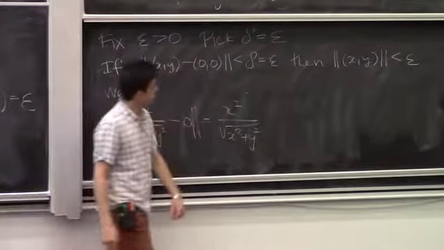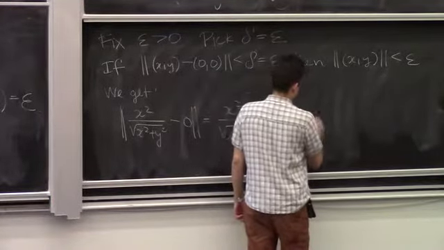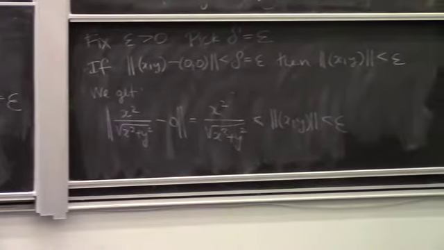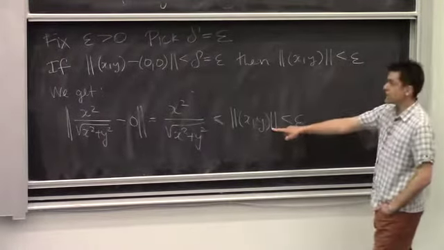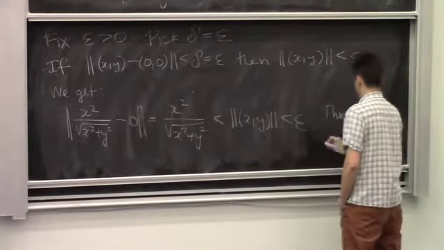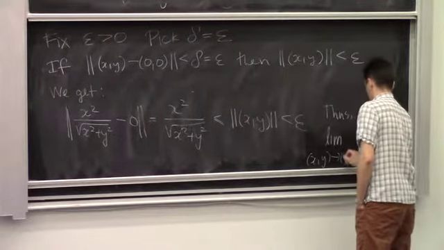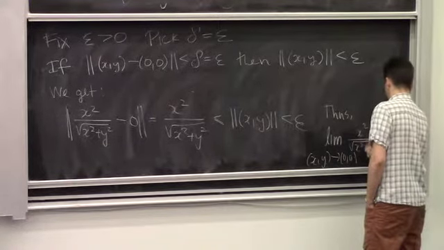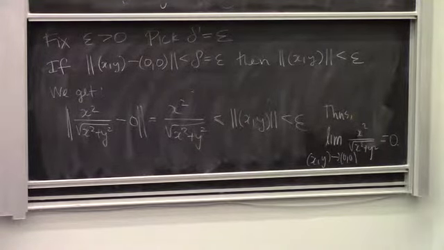So we just get our function. Okay, so the thing that we wanted to control is always less than distance, which is less than epsilon. So thus, we get the limit we're looking for.